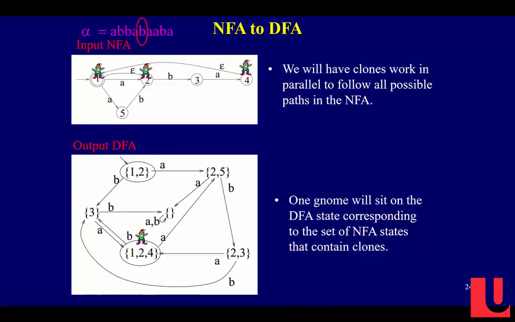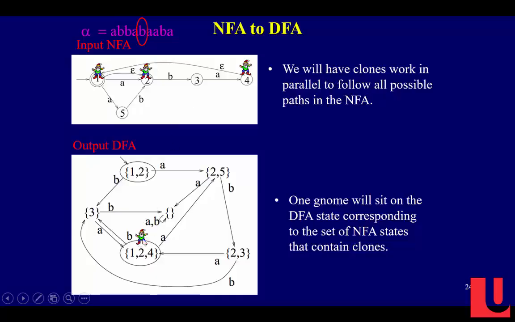Then you can ask, what happens? If I'm in this state here and I get a B, what does this gnome do? It could zip over here and read that B, and this gnome could read that B, and this gnome could follow these epsilons and read that B. But really, depending on how you define gnome transportation and epsilons, they're all going to end up here.